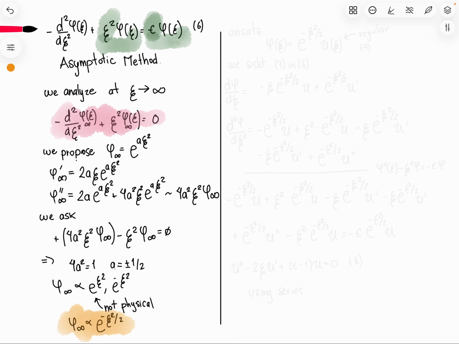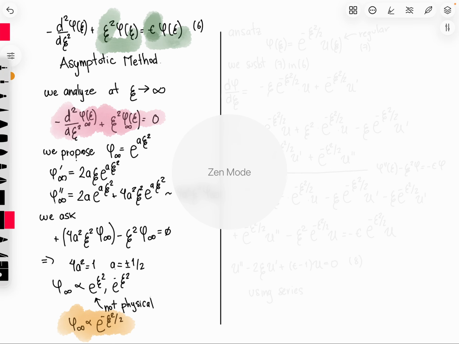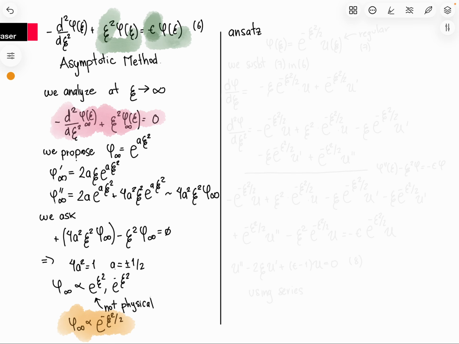And we got it from studying the equation at infinity. With this inspiration, we propose an ansatz, a smart guess solution for equation 6, that has this expression: the expression that solves the equation at infinity times another function to be determined.